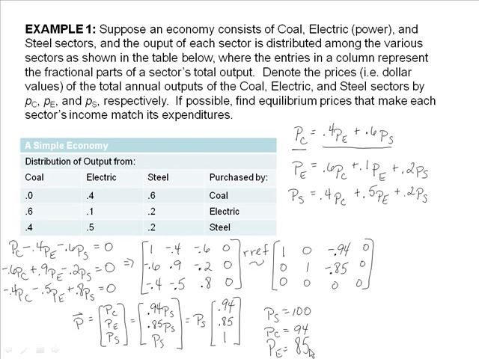So the incomes and expenditures of each sector will be equal if the output of coal is 94 million, electric is 85 million, and steel is 100 million. This was an economic example of a homogeneous system using linear algebra to solve.